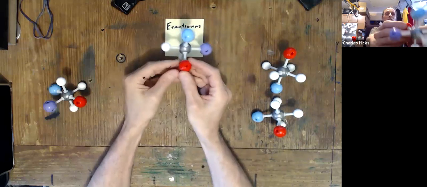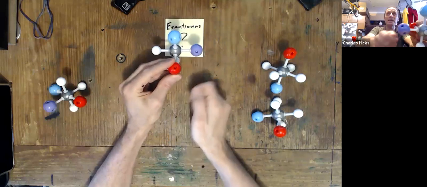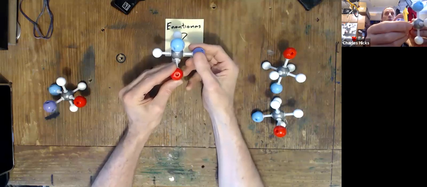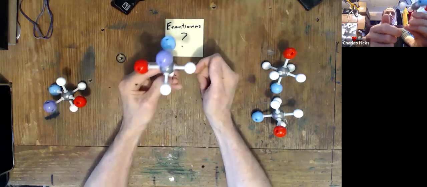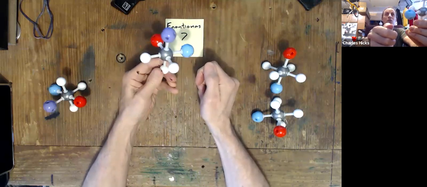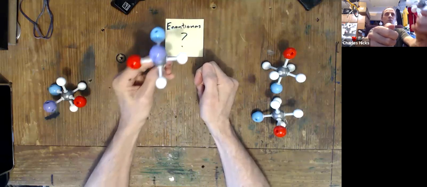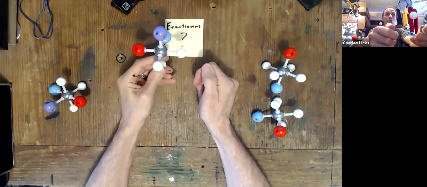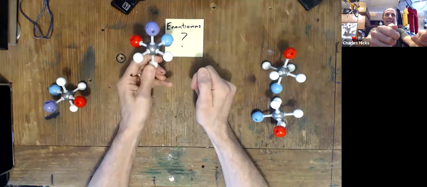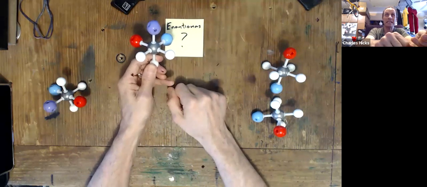If I try to turn it in this direction to slice the blue and the red in half, I find that I have a purple, a phosphorus on one side, and a hydrogen on the other side. In fact, there is no mirror plane that exists within this molecule. So that means when we build the model of this molecule that is the mirror image, we will find it's not superimposable. This molecule has a handedness, like a right or a left-handed glove.